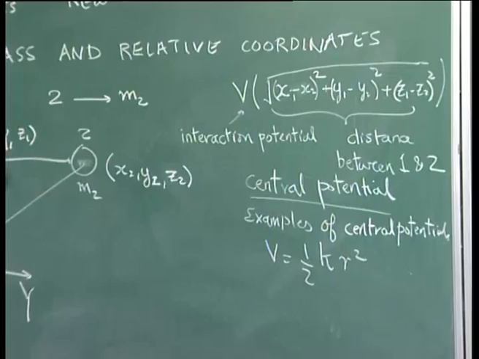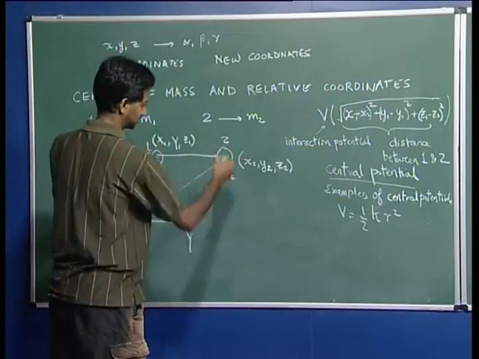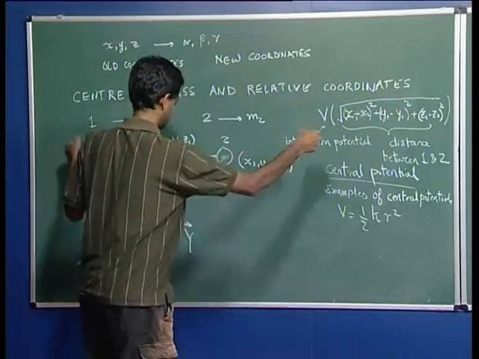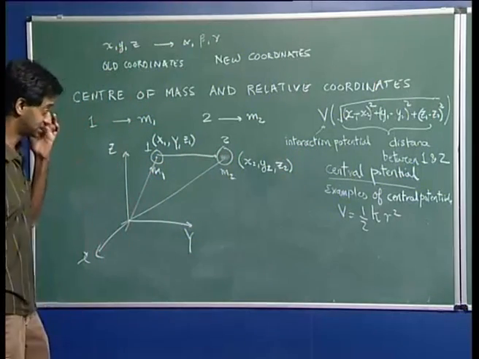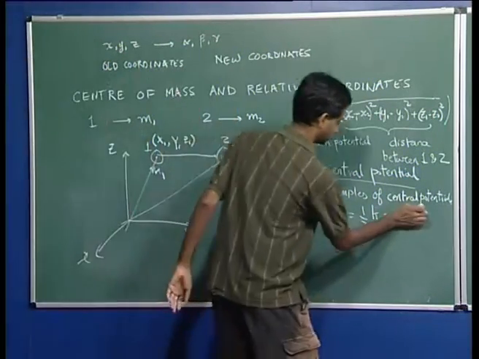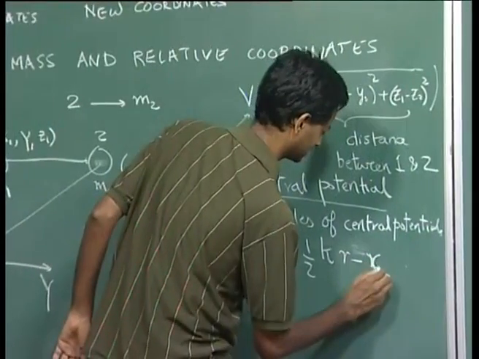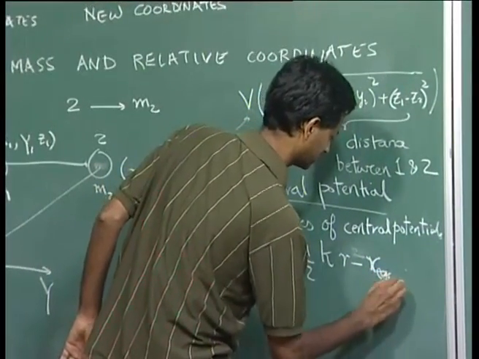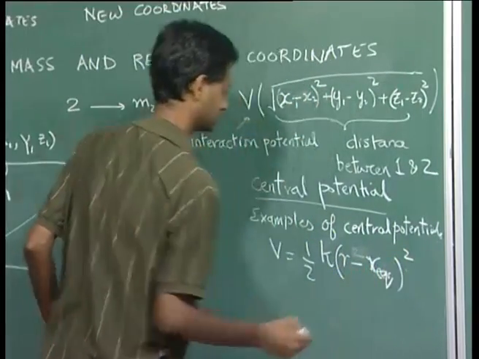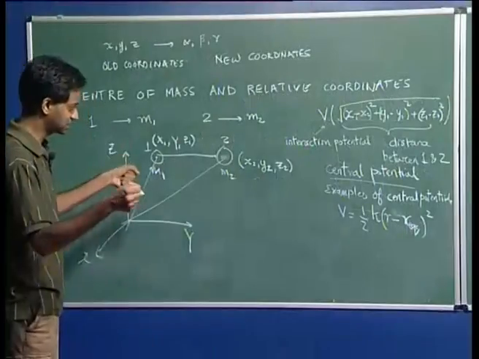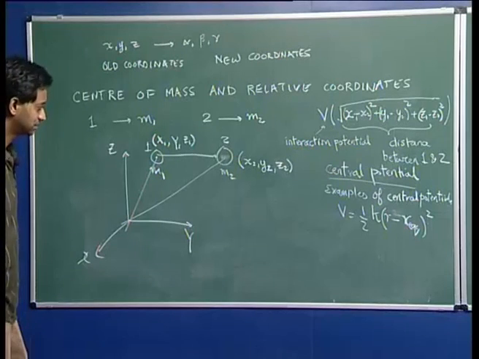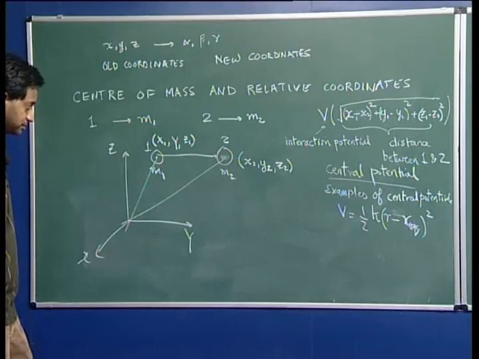It is as though these two particles are connected by a spring of spring constant k, and so when you stretch the particles, the potential energy changes. More correctly, we will say r minus some equilibrium length, squared. The spring has some equilibrium length, and if you stretch it beyond that, then the particles feel some force.